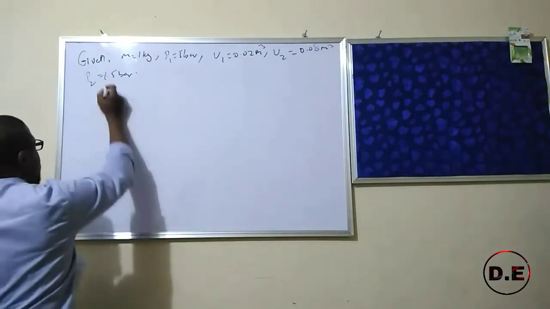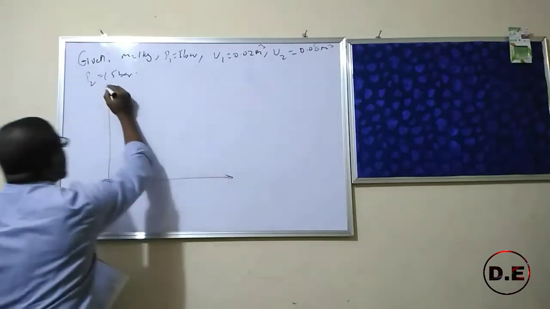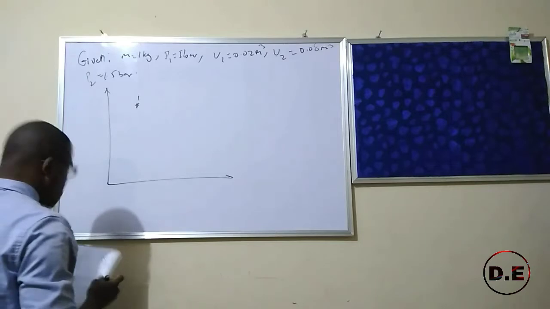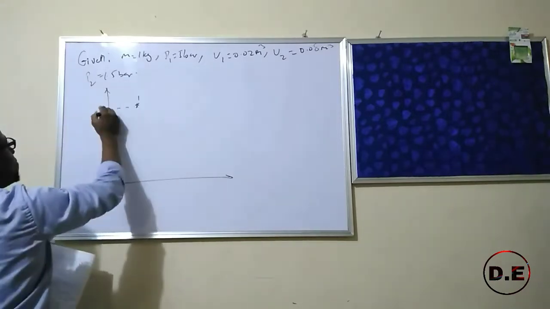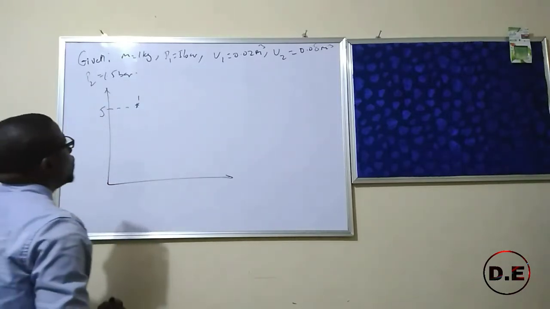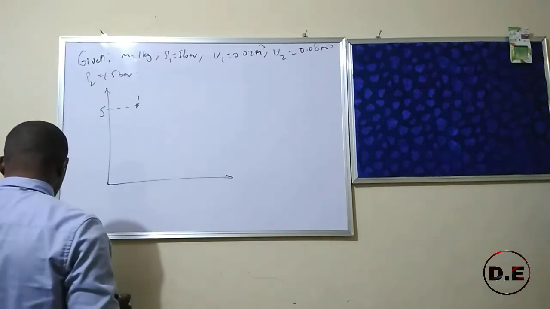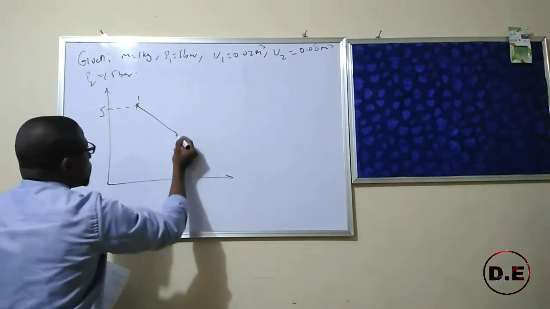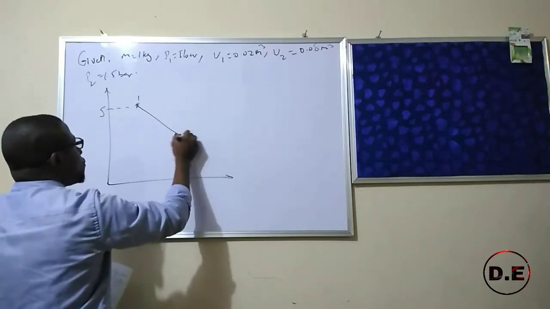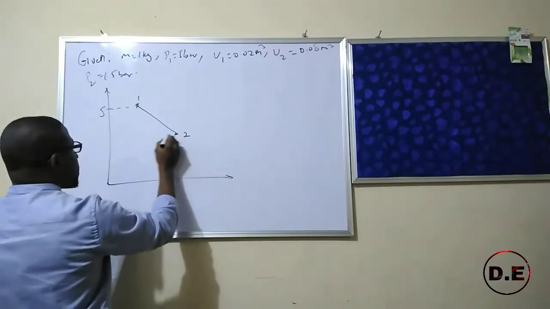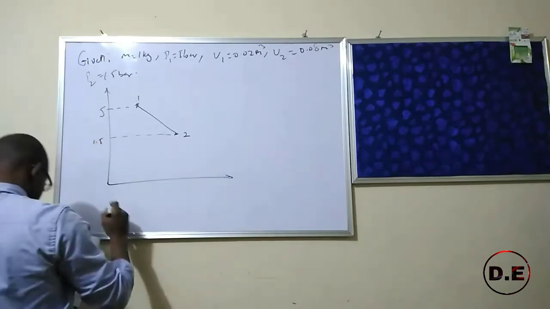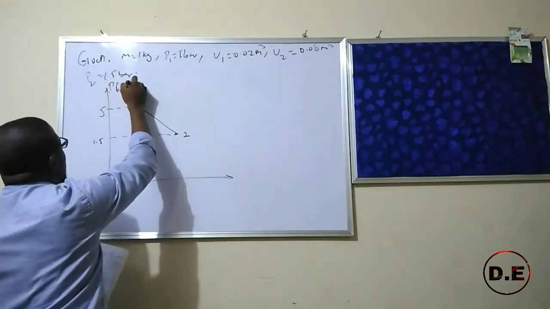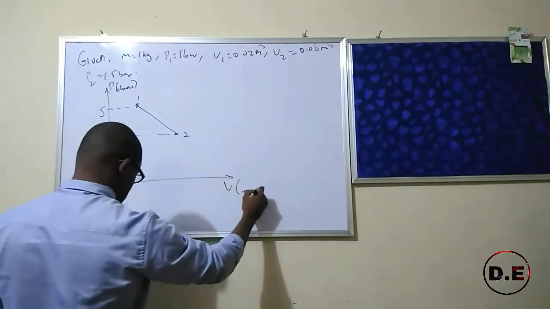So we start by following the process. State point 1 at 5 bar follows a linear reversible expansion to state 2, 1.5 bar, with pressure in bar and volume in meter cubed.